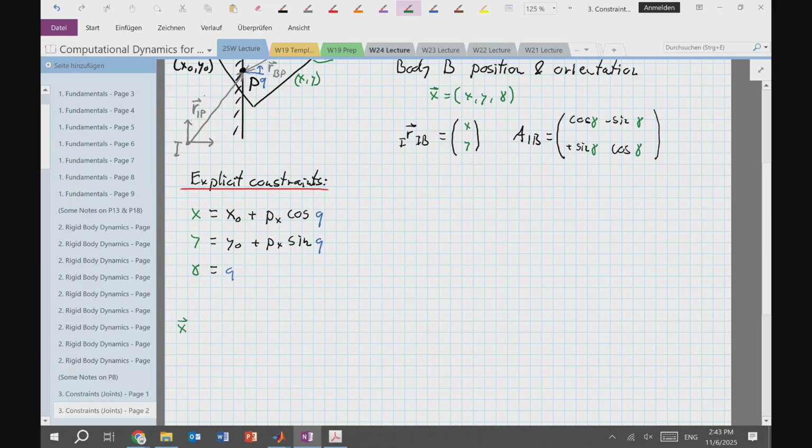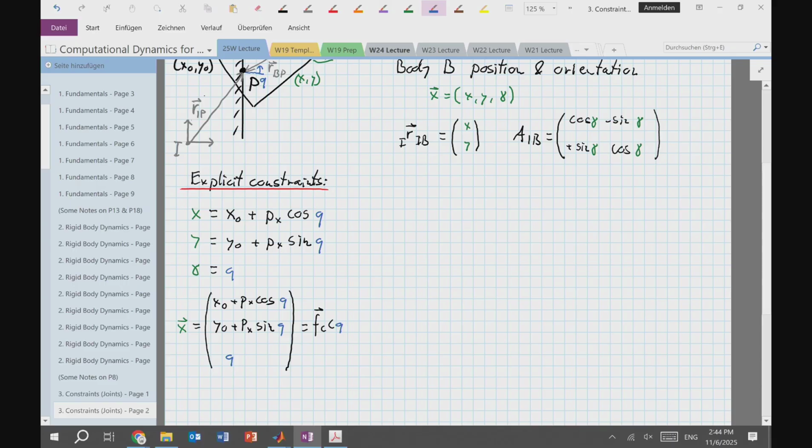And then to formulate my function fc, vector valued function, first element would be x0 plus px cosine q, second element would be y0 plus px sine of q, and angle gamma would be equal to q, and that is my fc of q.